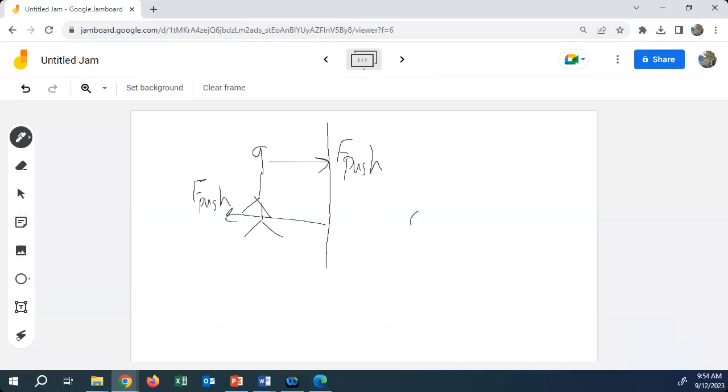If I separate these two, this is a person and this is a wall, what exactly is happening? How can I identify forces separately? Person exerting force, F push, yes? And the wall exerting the same force but in the opposite direction, good?